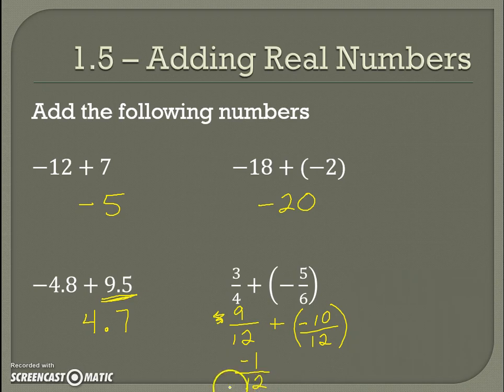Okay, so hopefully none of those are bad. These fractions, don't let those bother you. The same rules apply. So here -10 is larger than 9 in terms of its absolute value, so the value stays negative.